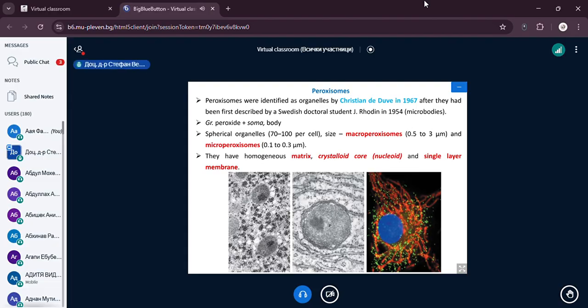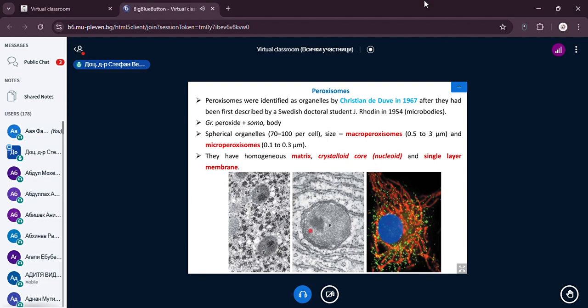These organelles can be small in size, from 0.1 to 0.3 microns, and then they are called microperoxisomes. Most of the peroxisomes in human cells have this diameter. But sometimes we can see larger peroxisomes, larger than 0.5 microns, up to 3 microns, and these are called macroperoxisomes.